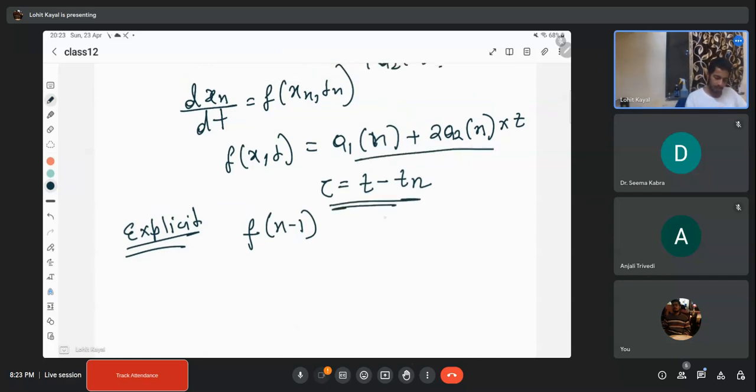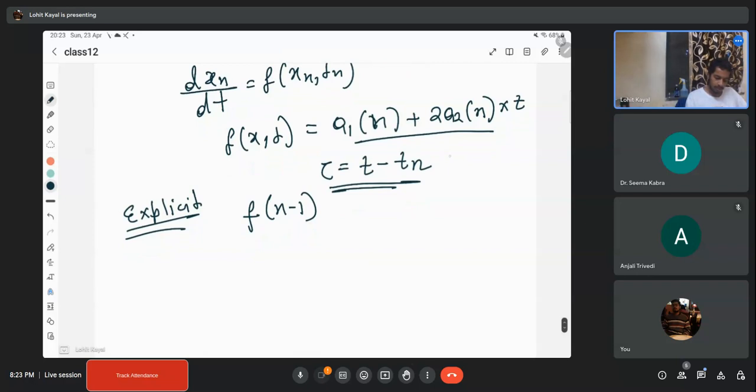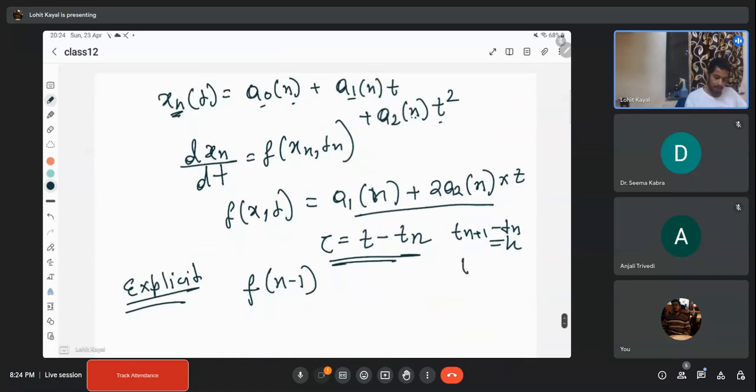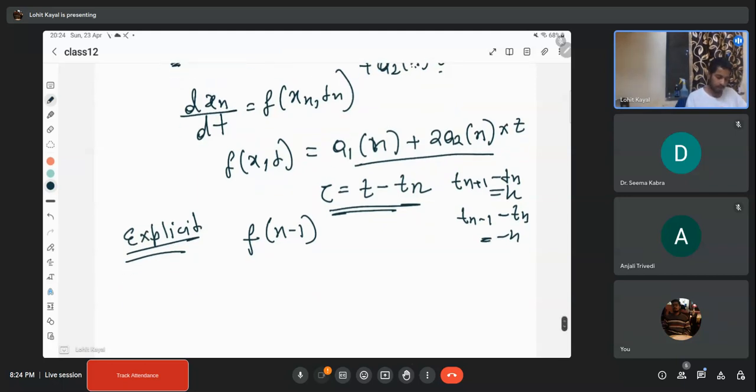If it is tn plus 1 minus tn, then it will be h. If it is tn minus 1 minus tn, it will be minus h based on this definition. Now I will change everything to tau, and finally I will get this result: a1n minus 2a2n into h, because I am shifting everything to tau. You will just do it, you will find that fn minus 1 equals this expression.